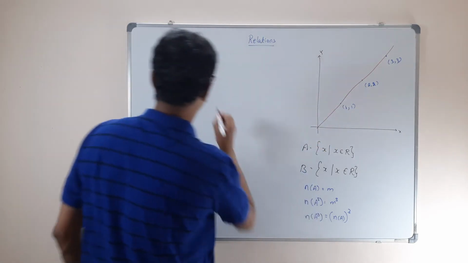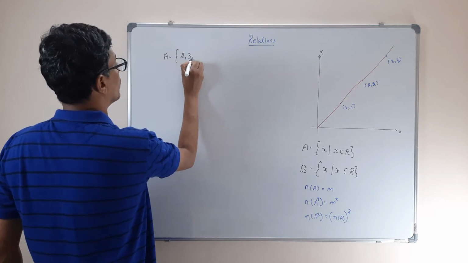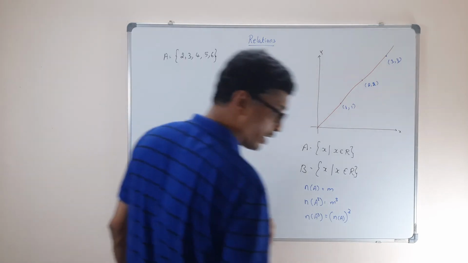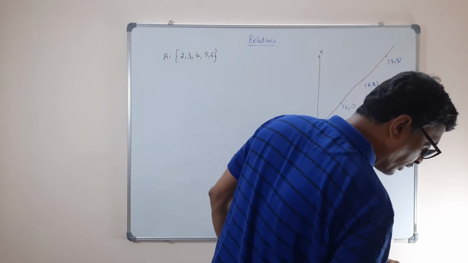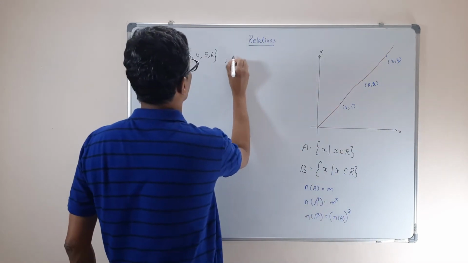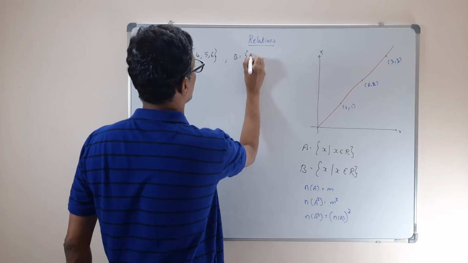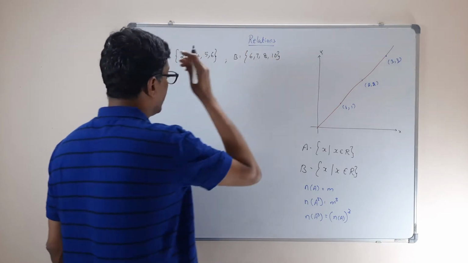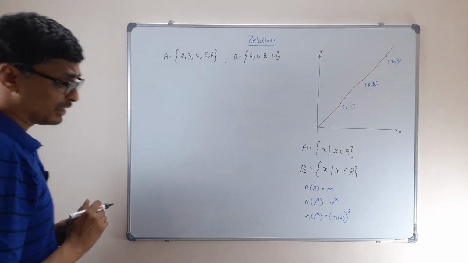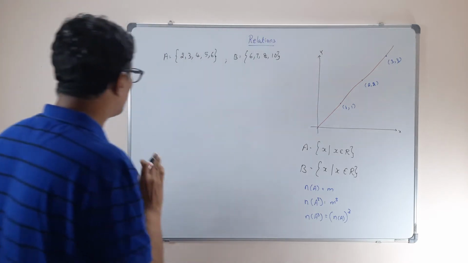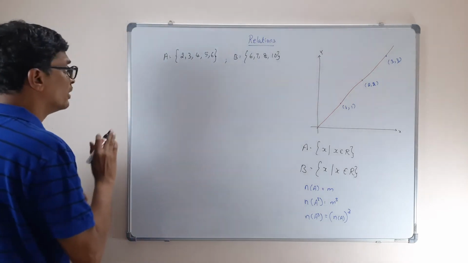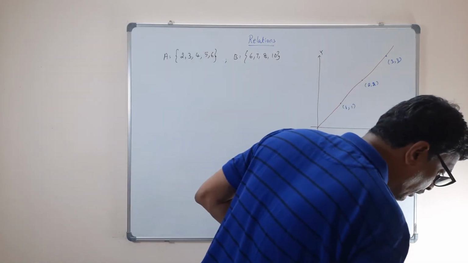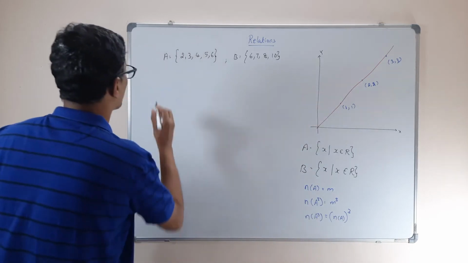A equal to {2, 3, 4, 5, 6} and B equal to {6, 7, 8, 10}. Here I can form ordered pairs. Let me call the set of ordered pairs S.